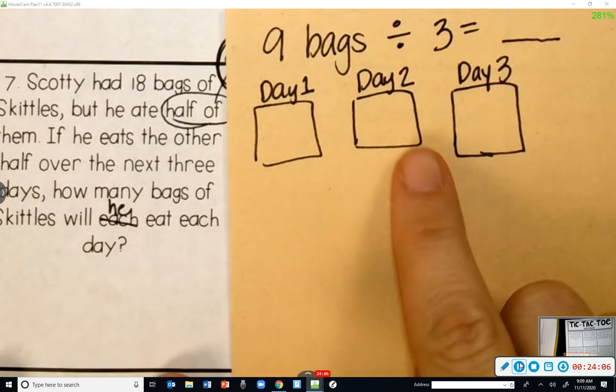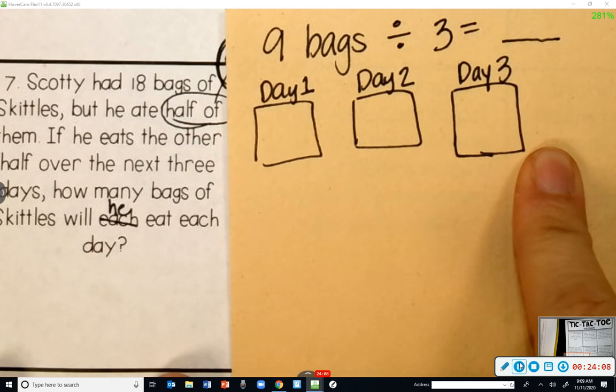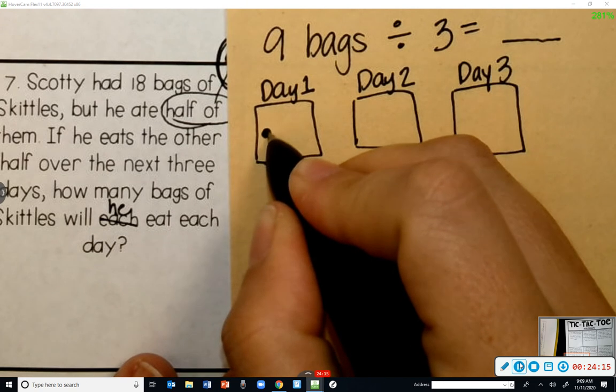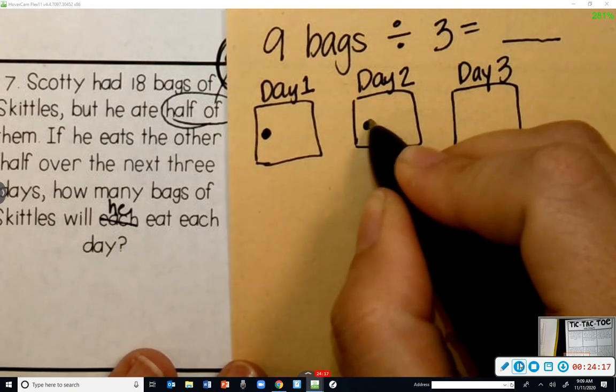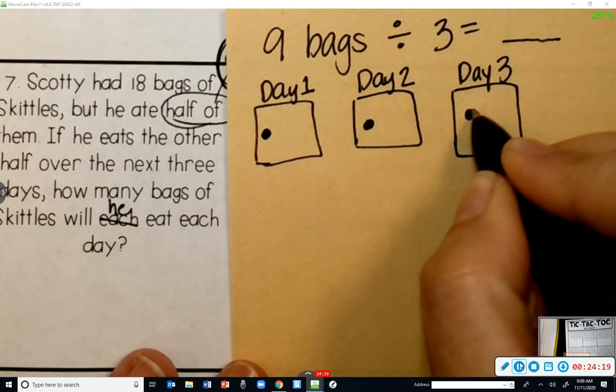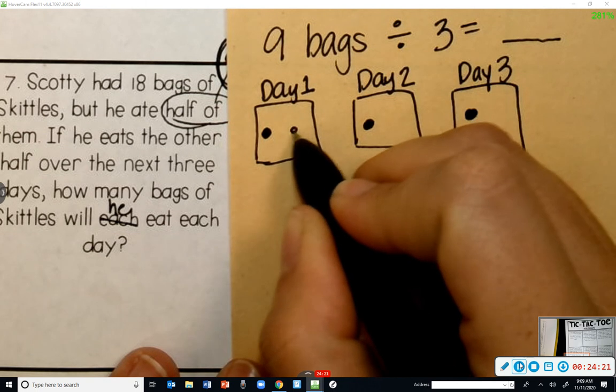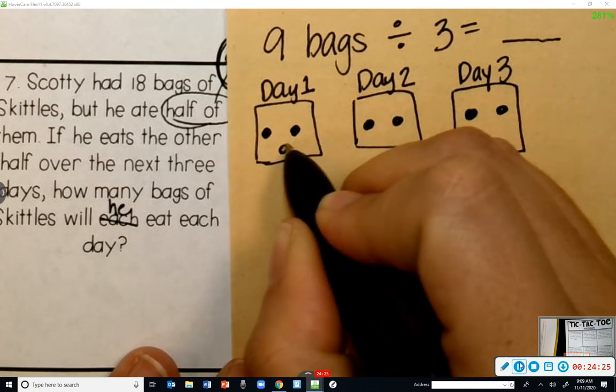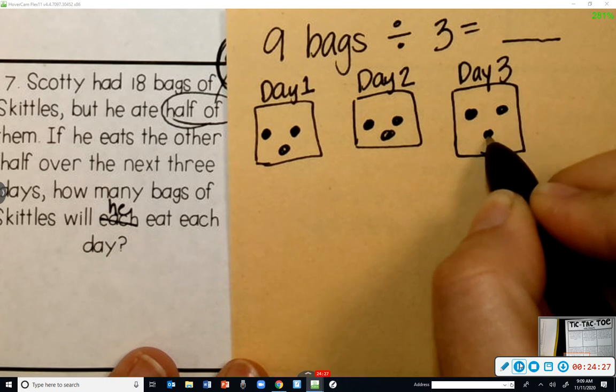I already have my 3 groups. So now what do I need to do? You need to break apart the 9, putting 1 in there for each day until we get to 9 bags. So there's 3, 4, 5, 6, 7, 8, 9.